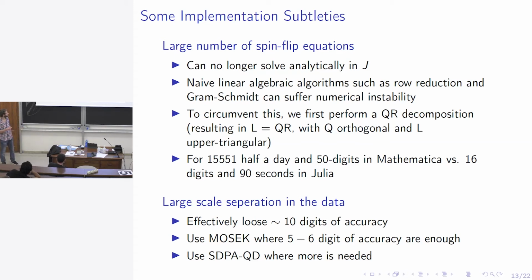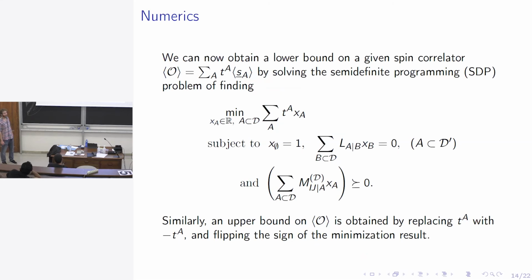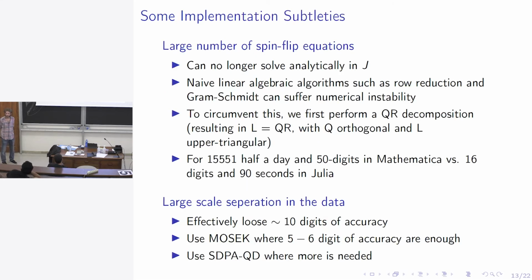But generally, the SDP solver is the bottleneck in the bigger picture. So solving the spin flip equations is typically less of a bottleneck than doing the SDP. Well, it depends what we want to do.